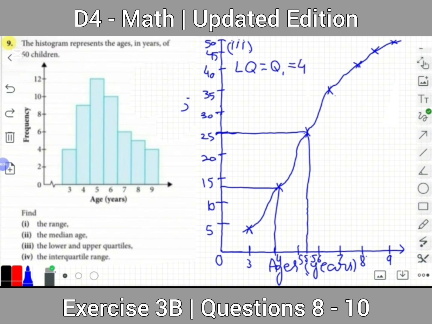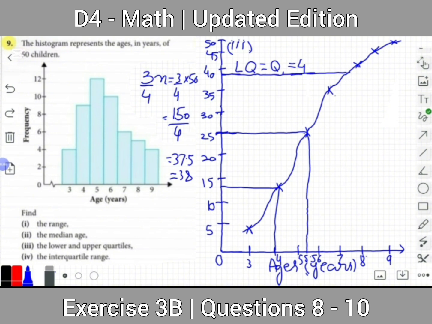Now to find the value of the upper quartile, we will use 3 over 4 multiplied by n, which gives 150 divided by 4, equal to 37.5, approximately 38. From 38 we will draw a horizontal line until it touches the cumulative frequency curve.